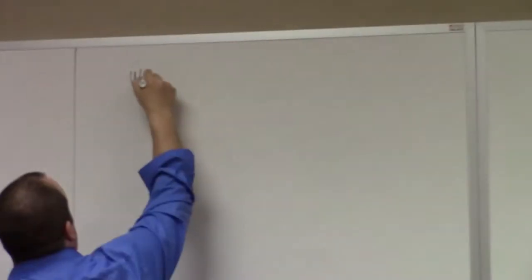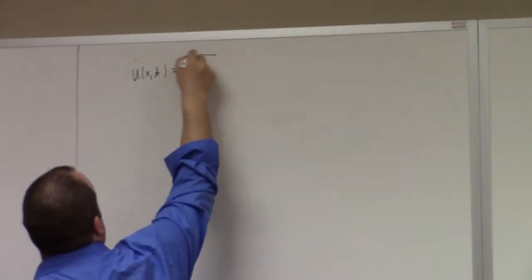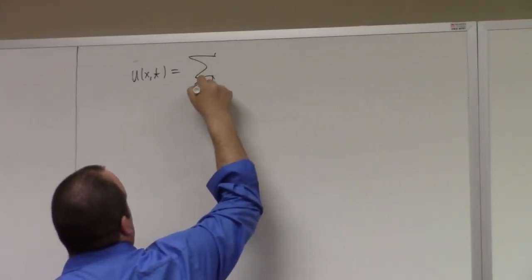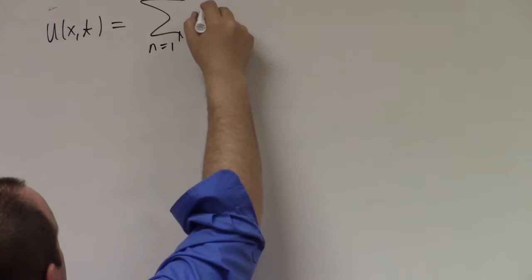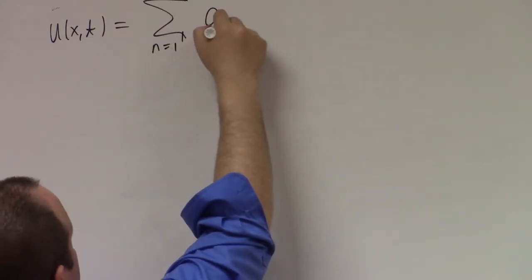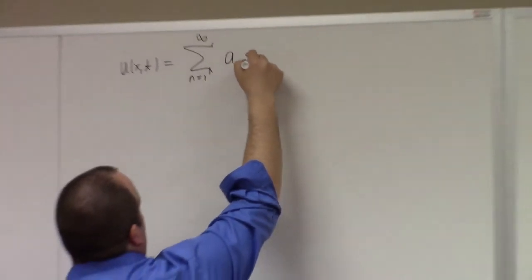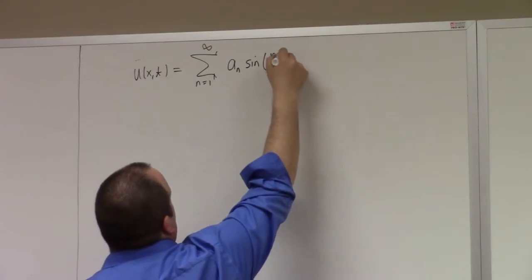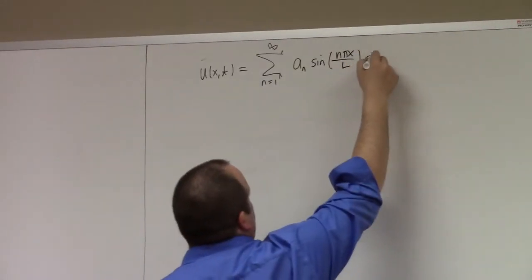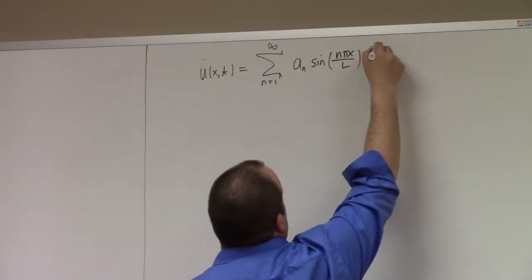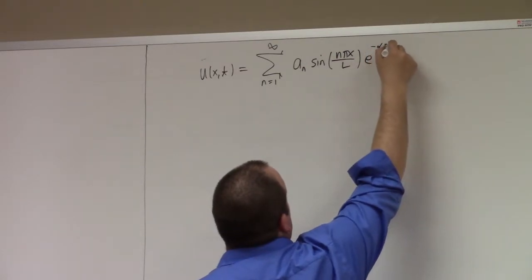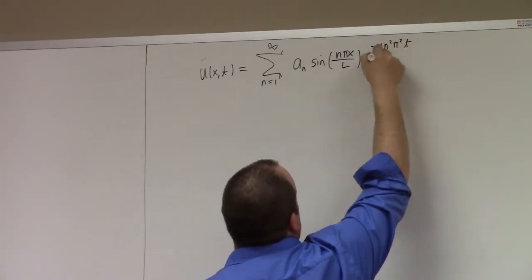So generically, we have u of x,t is equal to a sum n equals 1 to infinity. Some constants, I'm going to choose them to suit my purposes before you know it. Sine of n pi x over L, the exponential of minus alpha n squared pi squared t divided by L squared.